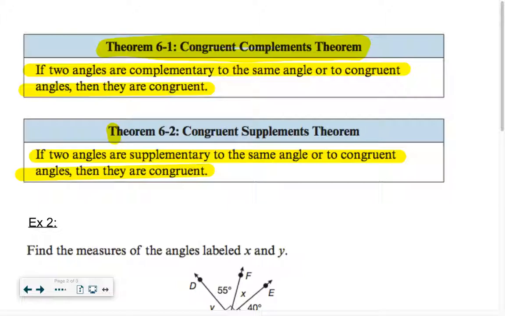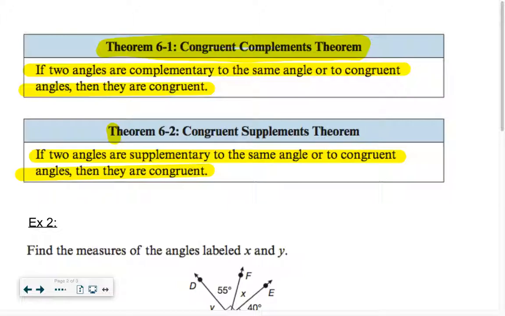So again, if angle J and K are complementary and J and M are complementary, what do we know would be true about K and M? They're not complementary, but they would be equal or congruent. And that's what they're getting at here.